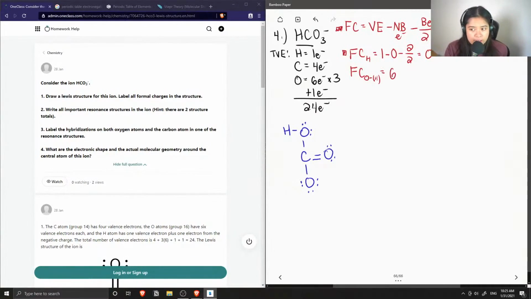There are 6 valence electrons in oxygen, and this oxygen has 4 non-bonding electrons, and there are 2 bonds to it. So we write 4 divided by 2, and its formal charge is also 0. For the double bonded oxygen, there are 6 valence electrons, 4 non-bonding electrons, and again 2 bonds to it, so we have 4 bonding electrons divided by 2. It's also 0.